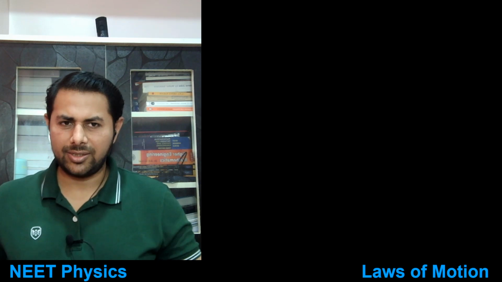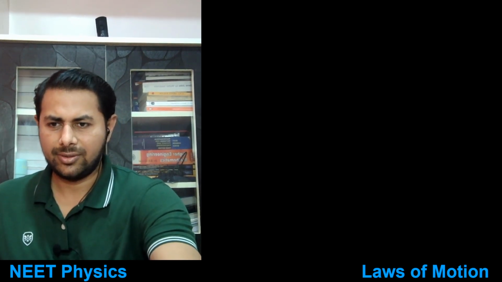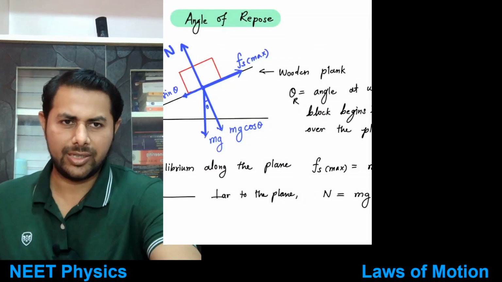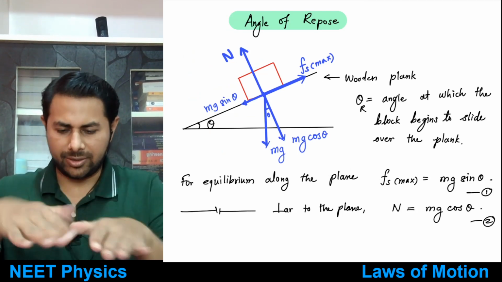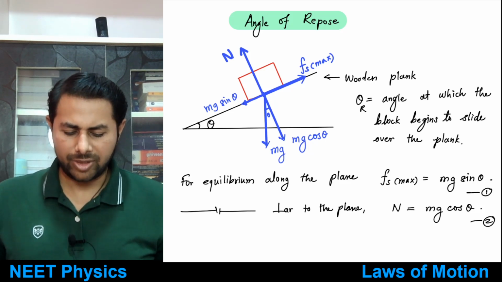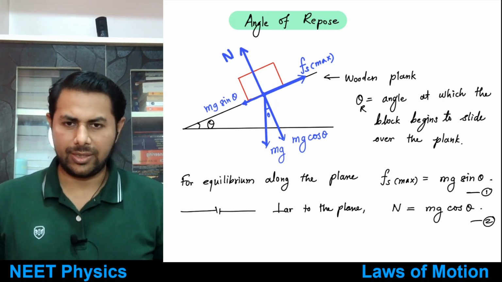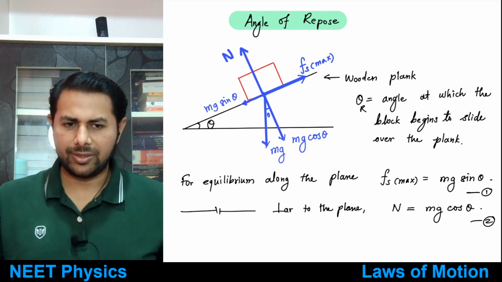This is clear. It is the angle at which one body begins to slide over the inclined plane. That angle of inclination of the plane is known as the angle of repose. So this is the difference between the angle of friction and the angle of repose. Is this clear, everyone?